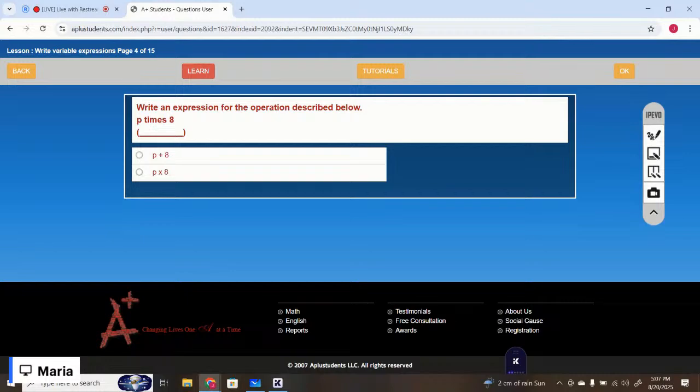Write an expression for the operation described below. p times 8. Option number 2 is the correct option.